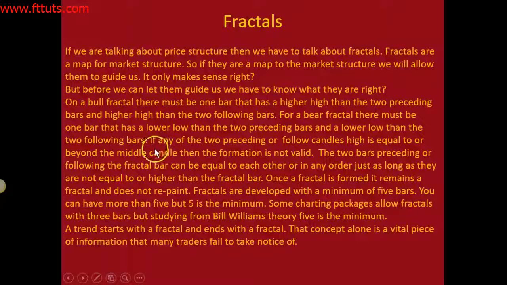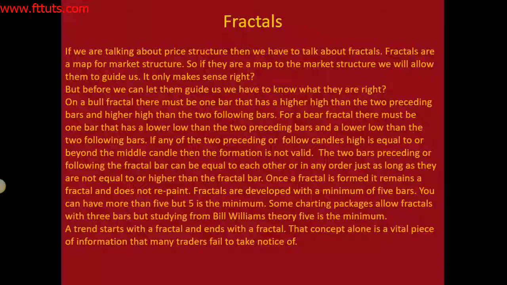If any of the two preceding or following candles' high is equal to or beyond the middle candle, then the formation is not valid. The two bars preceding or following the fractal can be equal to each other or in any order, just as long as they're not equal to or higher than the fractal bar, which would be that middle bar. Once a fractal is formed, it remains a fractal and does not repaint.